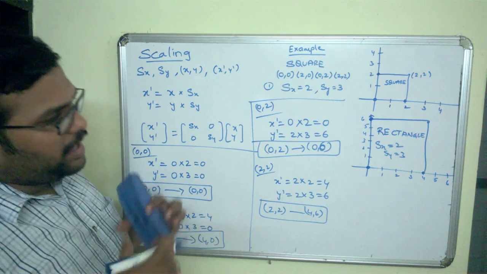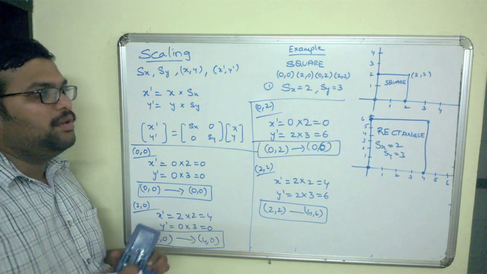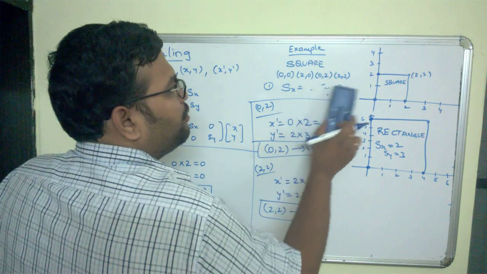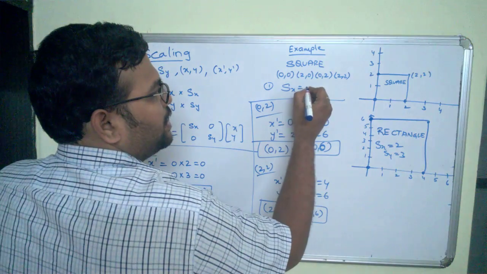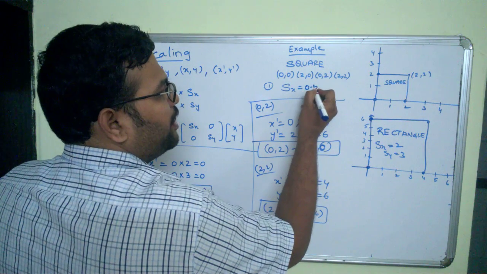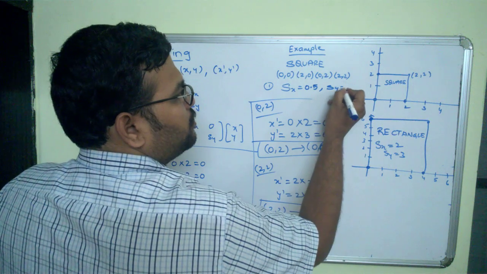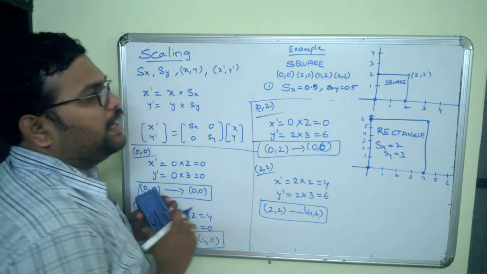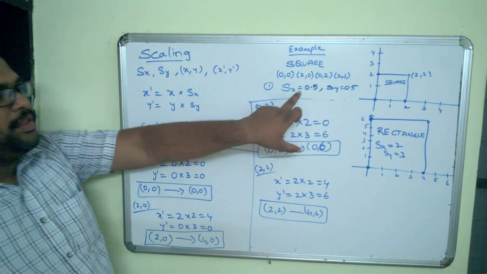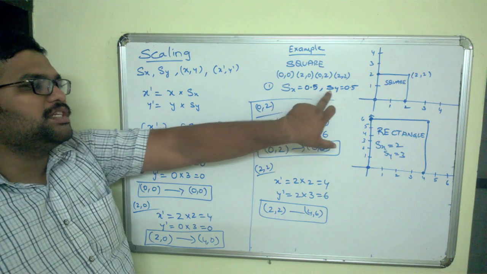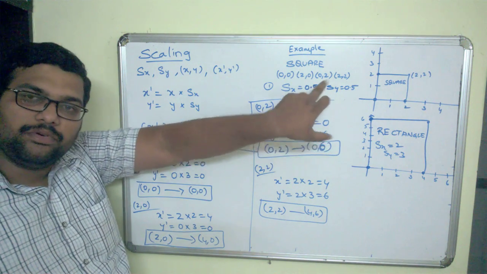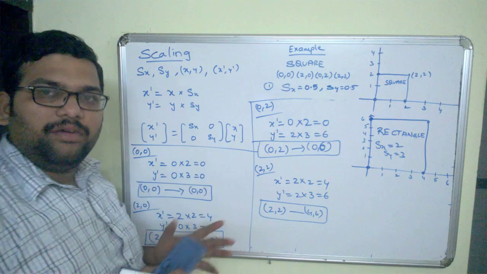So let us try the second example, considering both Sx and Sy as less than 1: Sx is equal to 0.5 and Sy is equal to 0.5. Here in this example, we are taking both the scaling parameters as 0.5. So first thing, both are equal.